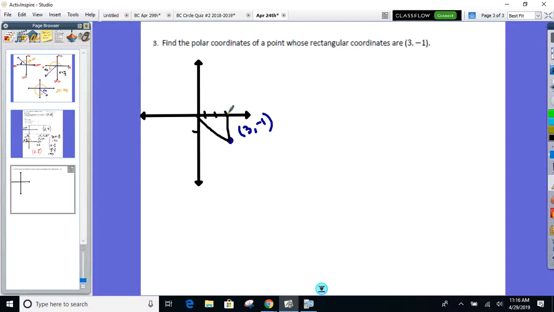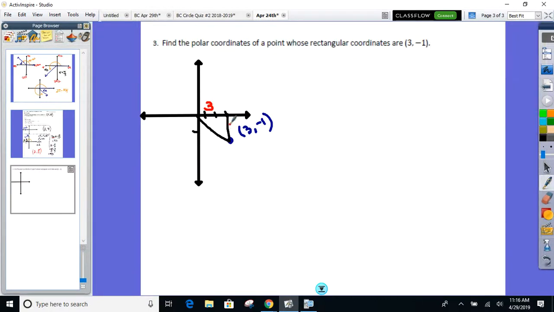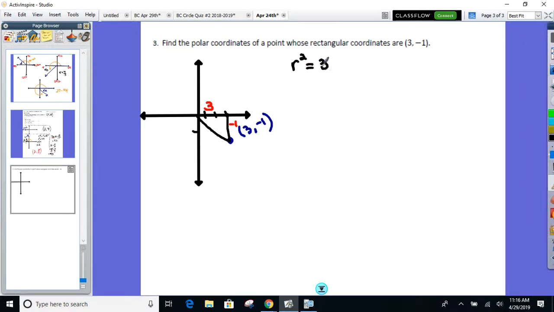What? What do you want? I always want you to do the Pythagorean theorem, but I need values though, Matt. Where? Yep. So that's a length of 3, and this is a length of negative 1. So r squared, the r value squared, is going to be equal to 3 squared plus negative 1 all squared.